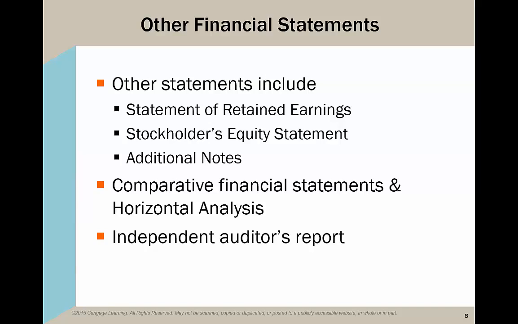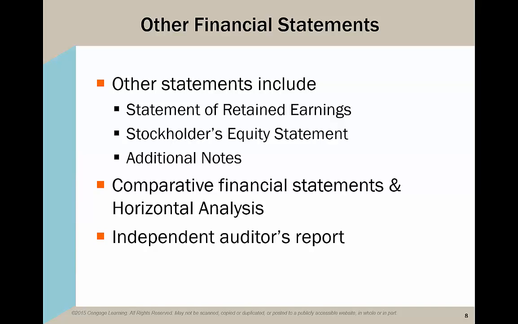We can additionally look at the notes to financial statements. This is the section that will give us additional information to clarify and supplement the main numbers that are already in the financial statements.